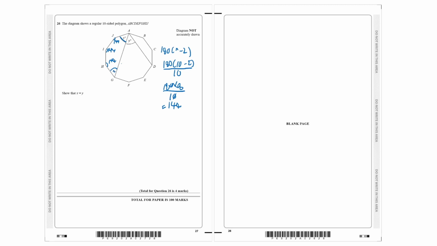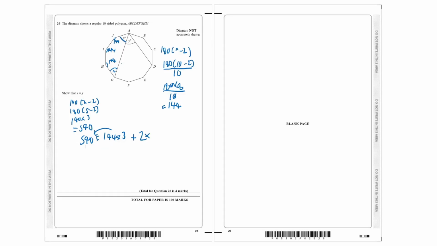So since we have 5 sides, we can have 180 times n minus 2, 180 times 5 minus 2, 180 times 3 is 540. So we know that 540 is comprised of 144 times 3, because it happens 3 times, plus 2x.